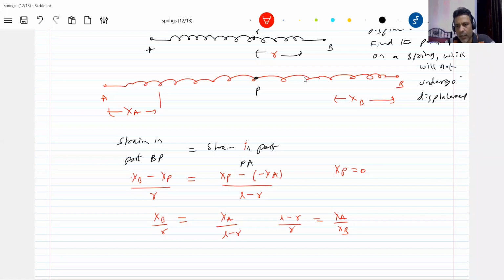So L by R minus 1 is further equal to 1 plus XA by XB. So R is equal to XB by XA plus XB times L. So this is the location of the point which will be at rest, at this particular distance from the end B.